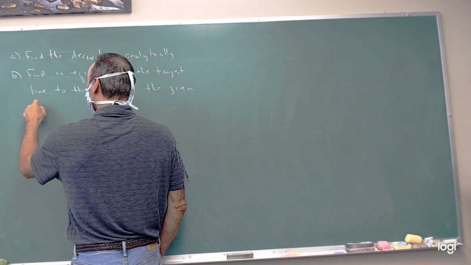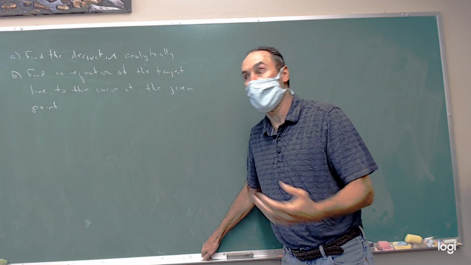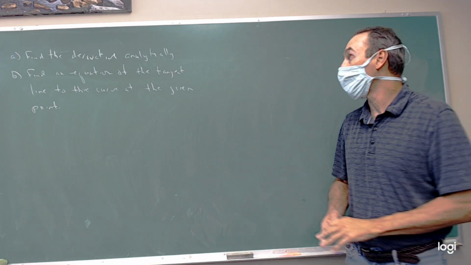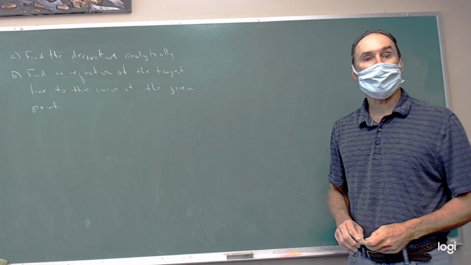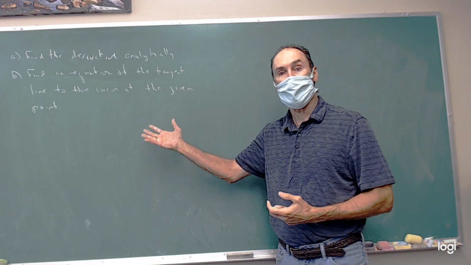So what I'm going to do, we're going to do this a few times, I'm going to give you different kinds of functions, because it looks a little different when you're finding the derivative analytically, depending on what the function looks like. And I'll give you a point for that function as well.